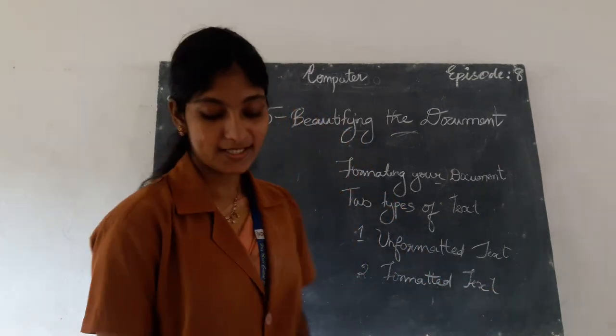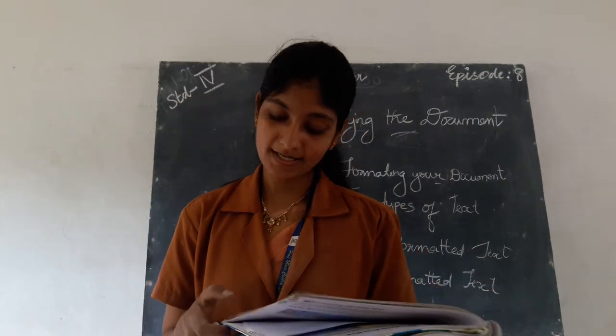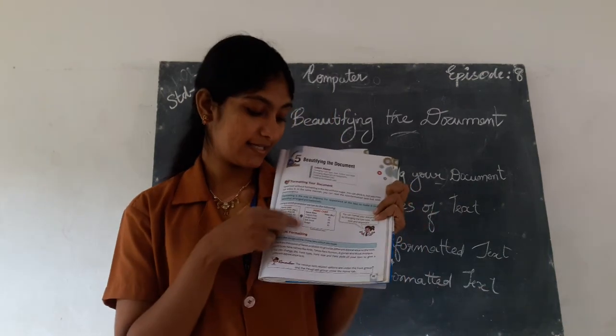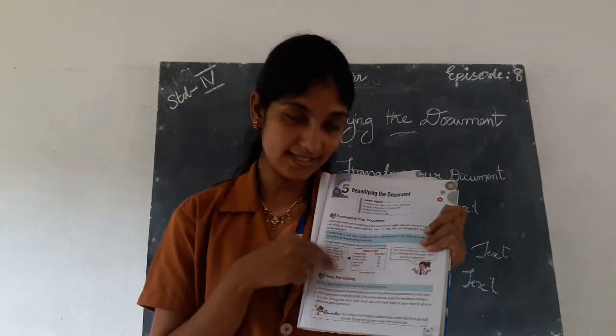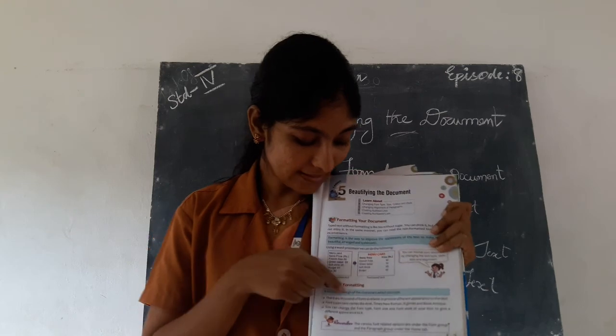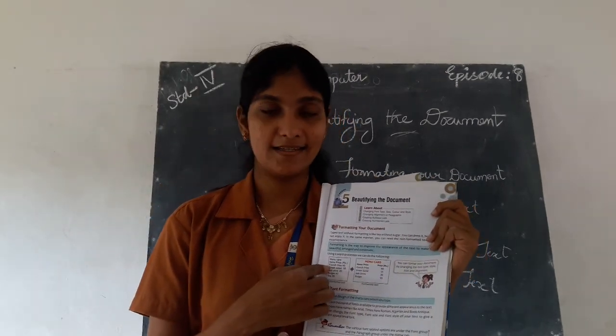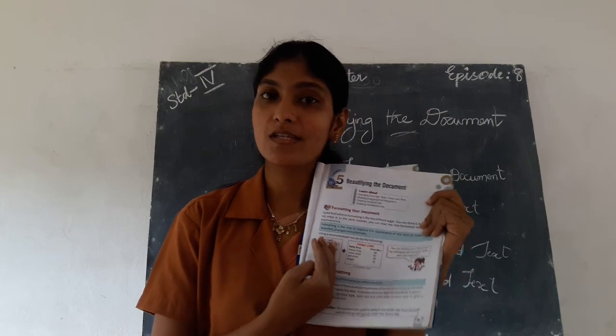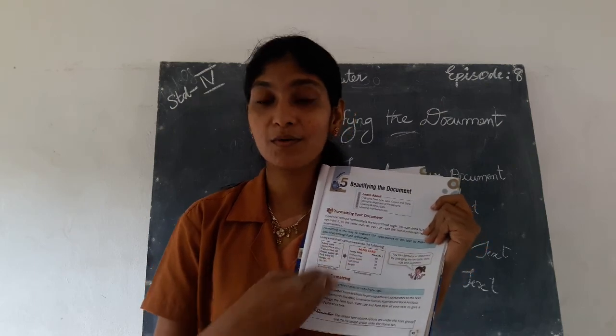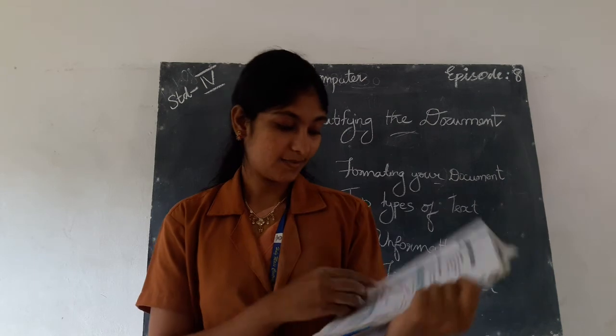Unformatted text means, look at page number 49. There is a list of items and their prices. In the first picture we can see that it is unformatted text. That means there is no specific order or arrangement for the list of the items.